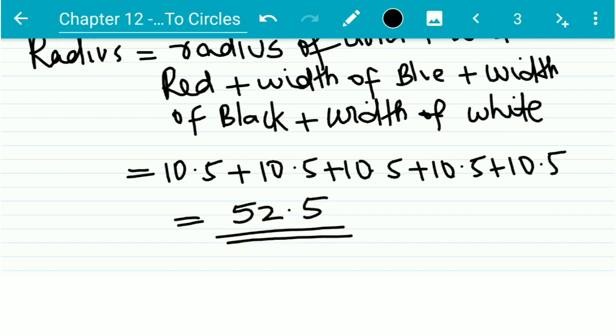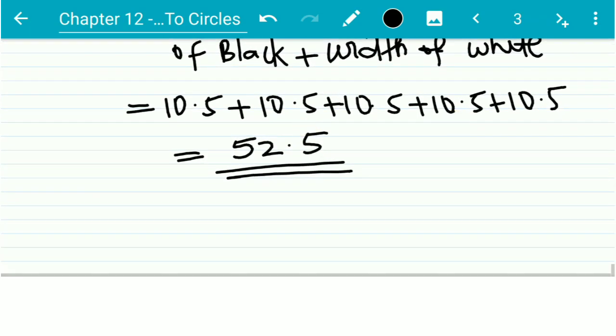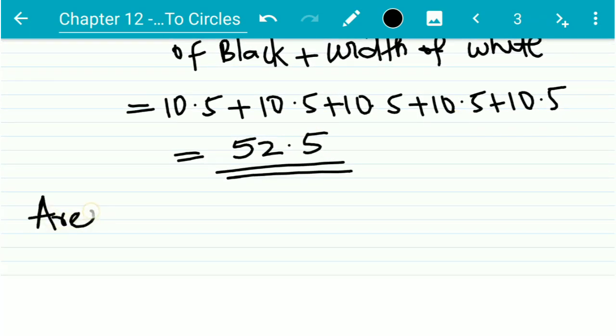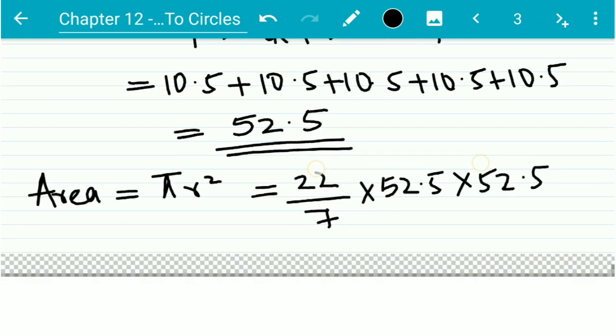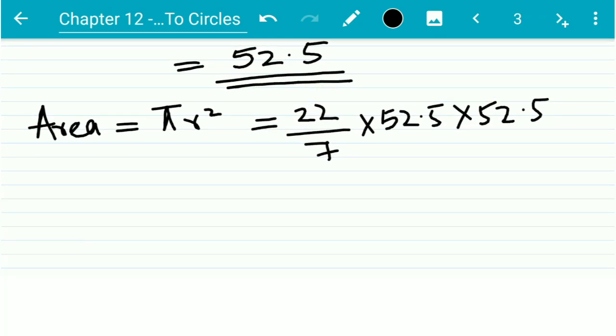Now find the area. Area equal to pi r square equal to 22 by 7 into r is 52.5 into 52.5. Solve this. 22 by 7 into 52.5 whole square, which is equal to 8662.5 centimeter square.